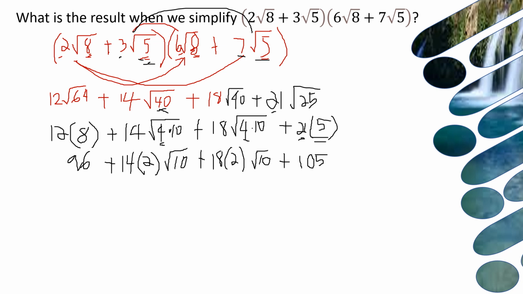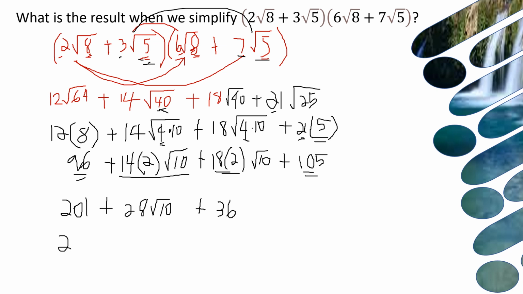Then combining similar terms, the terms without the radical are 96 and 105, which is 201, plus the terms with radicals. First, 14 times 2, that's 28 square root of 10, plus 18 times 2, that's 36.